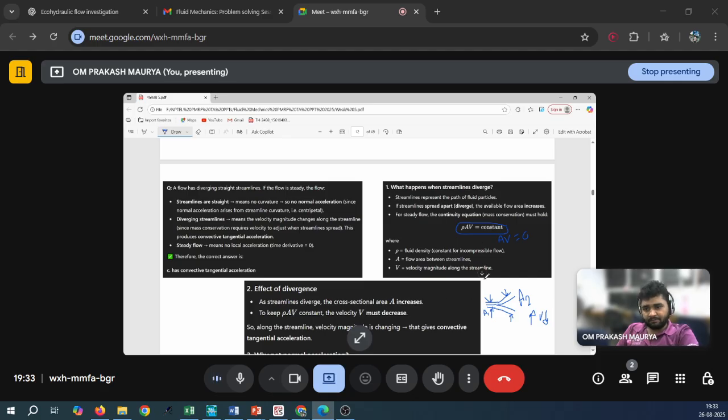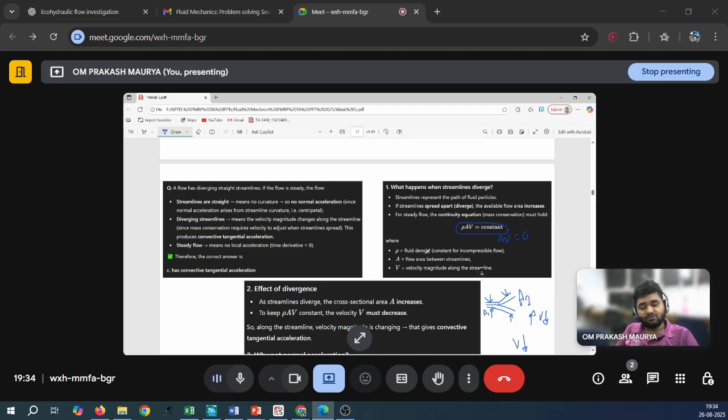So what will happen? The velocity reduces. As the flow is diverging, the velocity is reducing. Velocity reducing means what? The acceleration. The definition of acceleration is the change in velocity. We use the convective term when the velocity is changing with respect to space, not time.